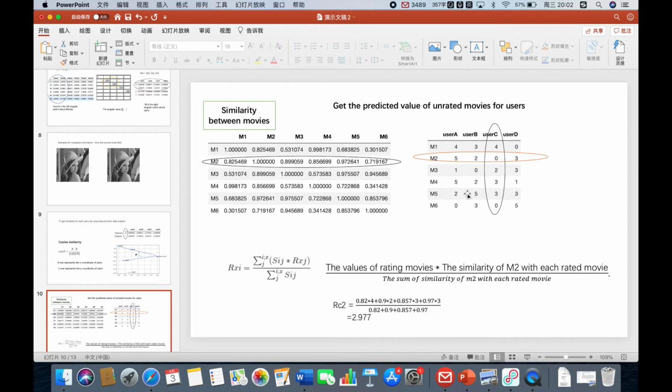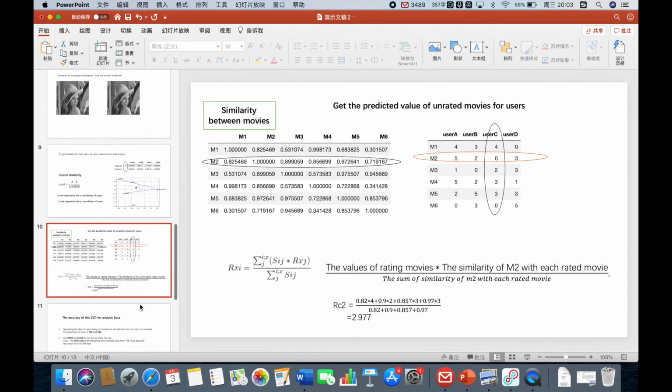The same with the others, we multiply them and then divide by the sum of the similarity of movie 2 with each rated movie. Then we get the final answer. The final answer is 2.977.